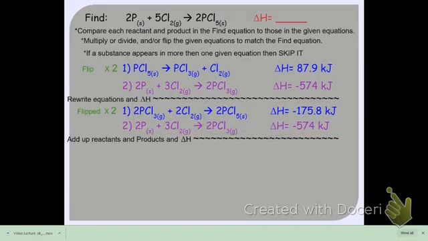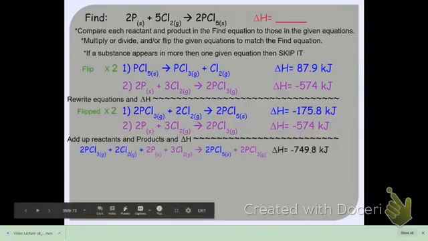And when we finish, we should wind up with this equation. So here we have added up our delta H to get a negative 749.8 kilojoules. And we have all of our products on one side, all of the reactants on the other side.